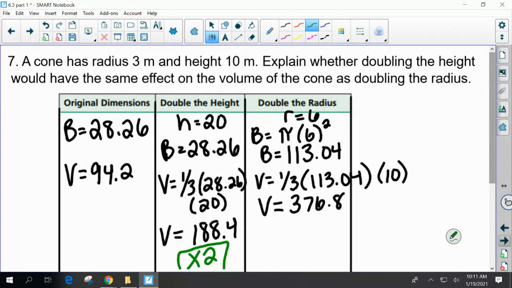And then what did doubling the radius do? It quadrupled, right? So doubling the radius quadrupled the volume.